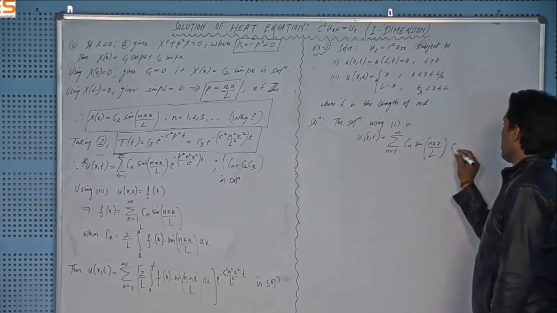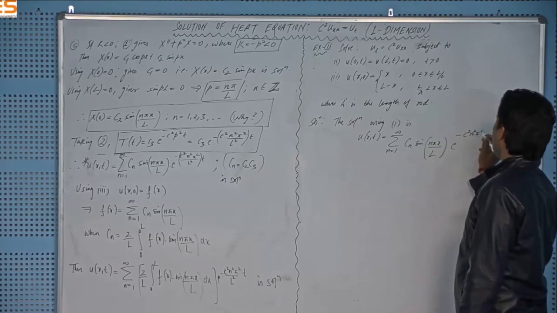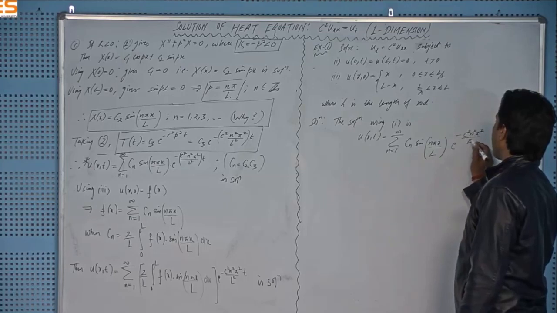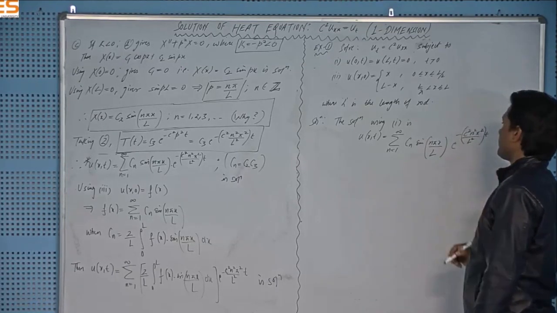And e to the power minus c square n square pi square over capital L square times t, fine.